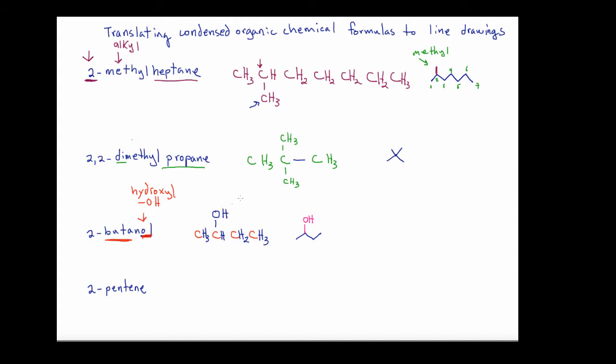And just for the sake of clarity, in case the viewer is not sure about how I'm dealing with these hydrogens, let me quickly draw the expanded structure of this thing, all right? So the expanded Lewis formula would look like this.